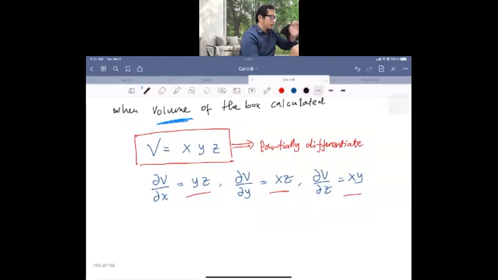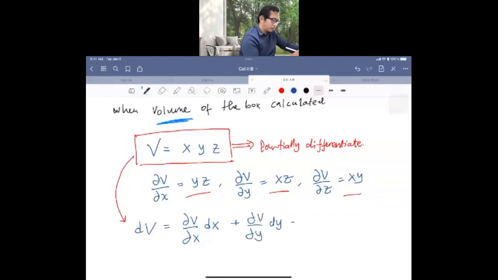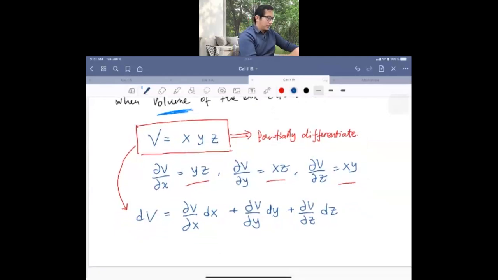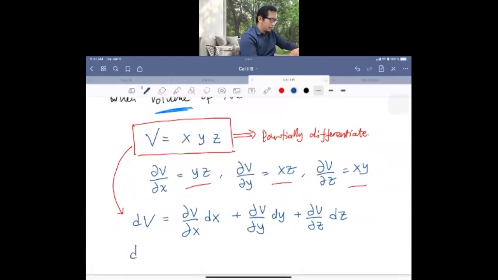When we partially differentiate this, we can write dV as yz dx plus xz dy plus xy dz.